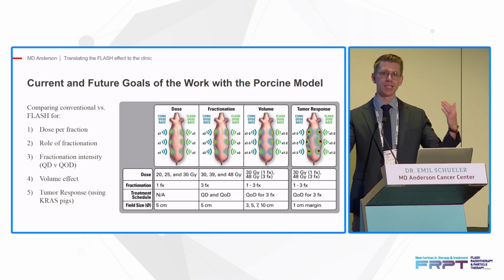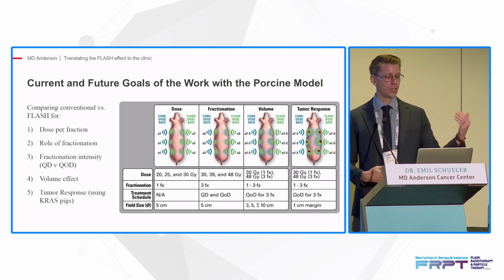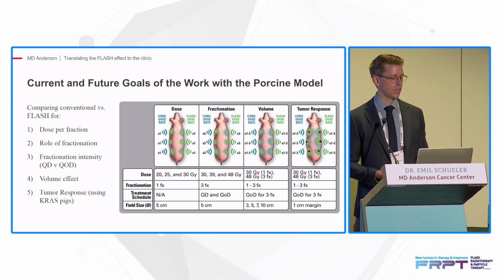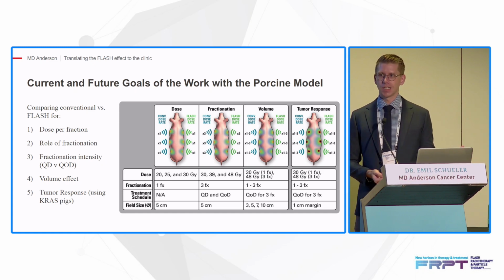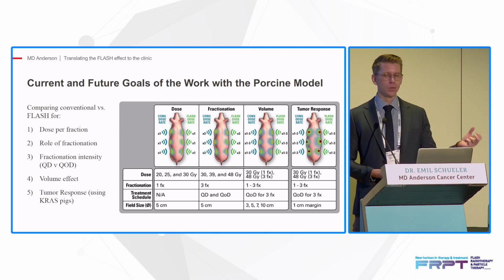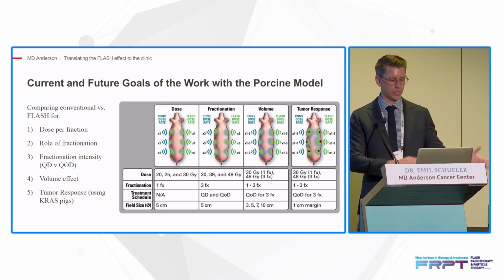But in the same pig, we're comparing conventional and FLASH, looking at the dose per fraction, the role of fractionation in that setting, and fractionation intensity is another thing. We will be looking at every day versus every other day. We have clinical protocols on each. Is there an advantageous effect based on one of them?